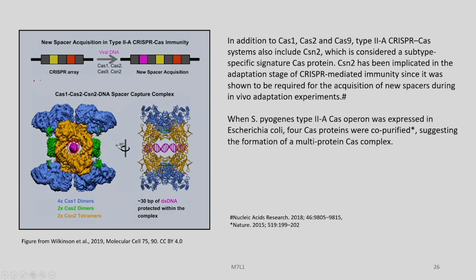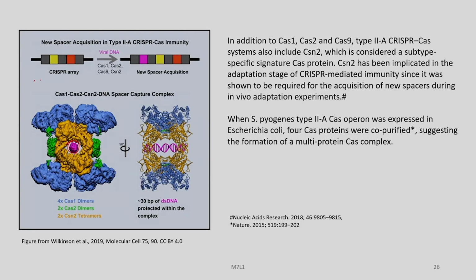This is a 90-degree rotation and a different view of the same structure, where Cas1, Cas2 and Csn2 form a complex with the viral DNA to cut the spacer from the viral DNA and paste it into the existing CRISPR array. You can see here roughly 30 base pairs of dsDNA. This is protected within this complex, and it will be pasted into the existing CRISPR array.